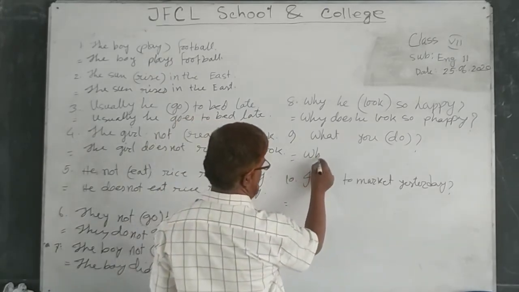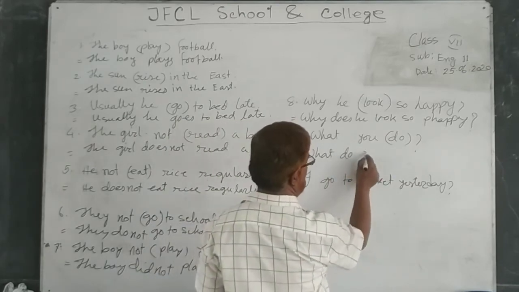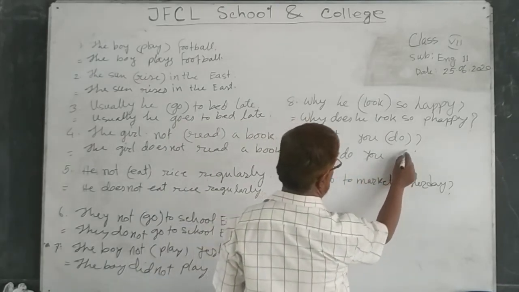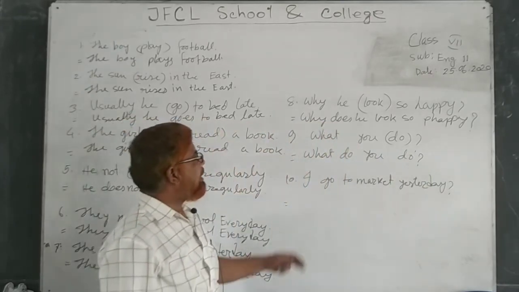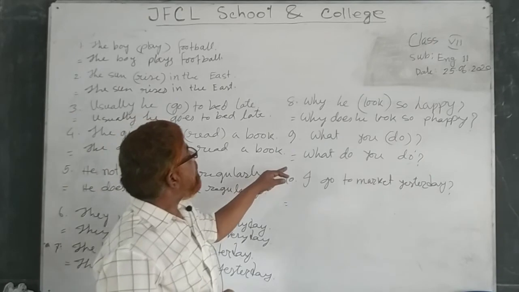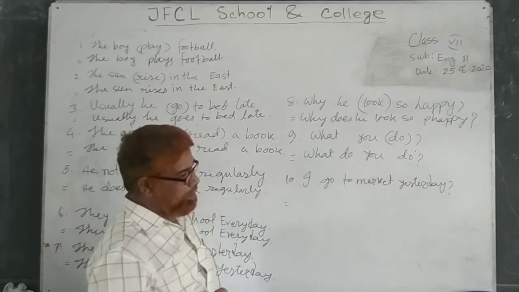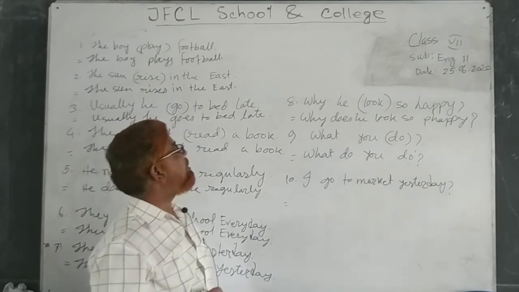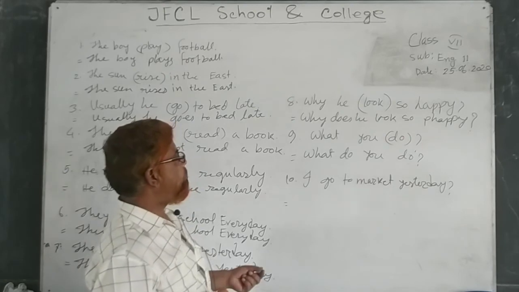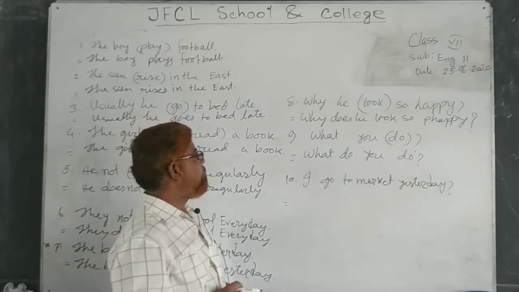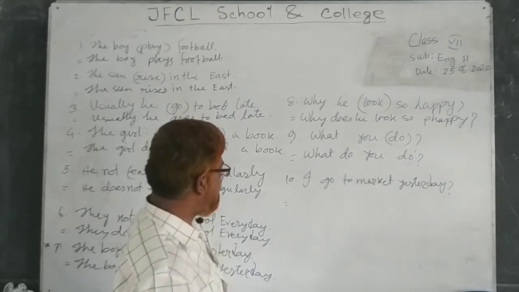What do you do? In the sentence we find some interrogative words, we use auxiliary verb after them. Some interrogative words: what, whom, when, where, why, etc.